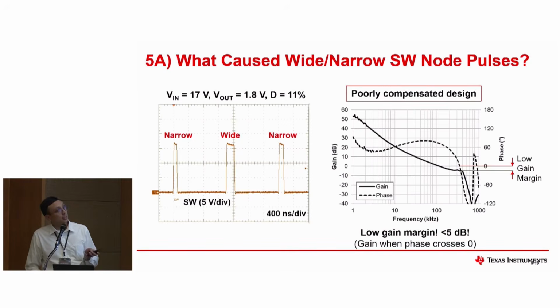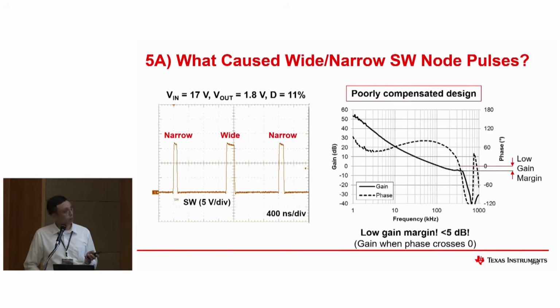Okay, so mostly this can occur if you have a very poorly compensated design. As you can see here in the gain phase margin graph, this design only has less than 5 decibels of gain margin. At the zero crossing of the phase margin, from the zero crossing to the gain margin, it's less than 5 decibels.